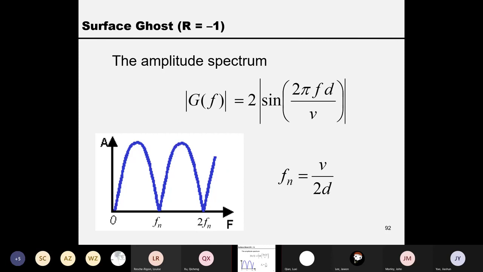Do not just think about the math, but think about physics. So for the air gun, at the exact surface we cannot generate or record the pressure, so we need to put it down into the water. But how deep? This is the trade-off here. The deeper may be quieter, but the bandwidth is narrower. Shallower may be noisy, but the bandwidth is wider. So this is the trade-off here.